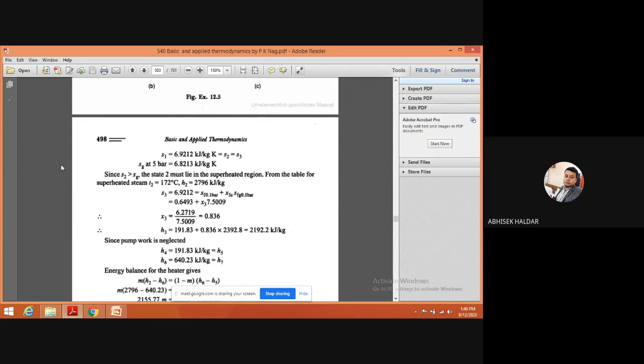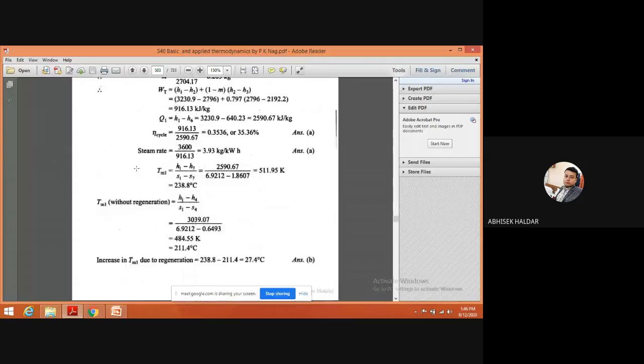Now you can compare: Tm1 with regeneration is 238.8 degrees Celsius, and without regeneration the value is 211.4. So this is the increase in mean temperature of heat addition. The theoretical part we are discussing, as I have told you many times, is that our target is to increase the mean temperature of heat addition.